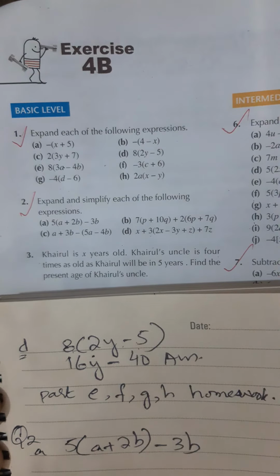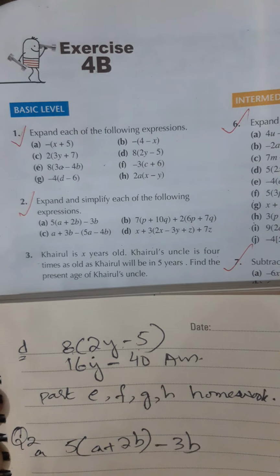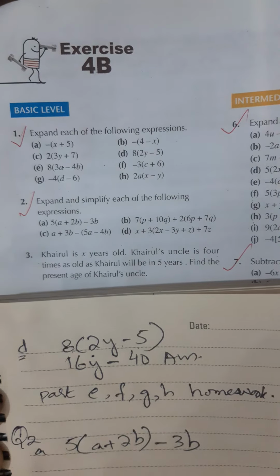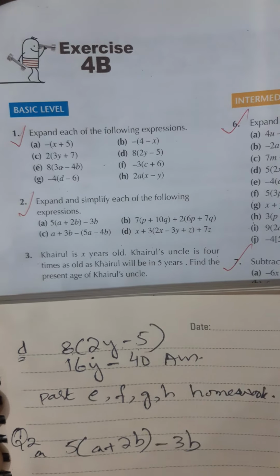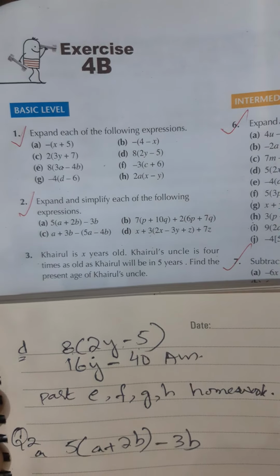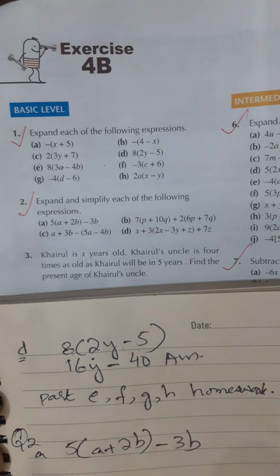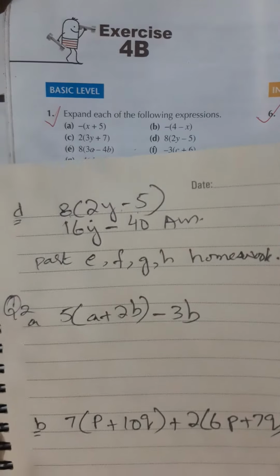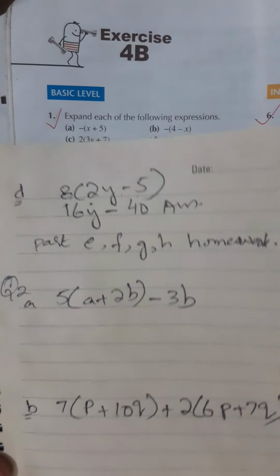Then I will write B part, that is 7 into p plus 10q plus 2 into 6p plus 7q. Now we are going to solve them and then simplify them as well.